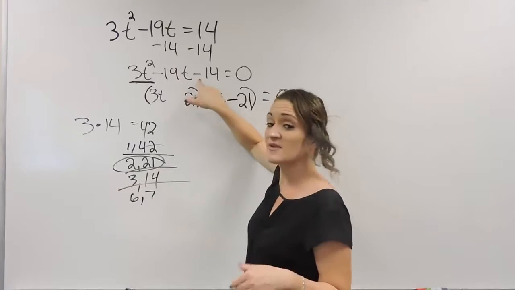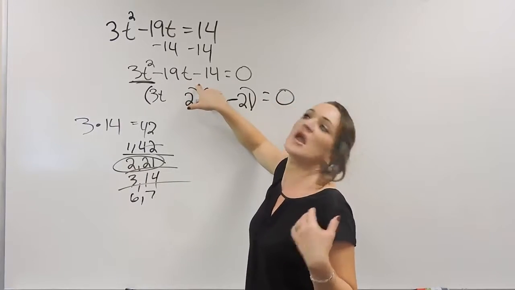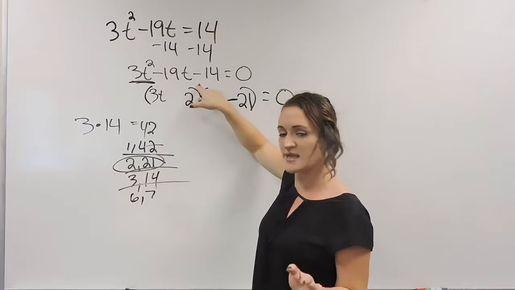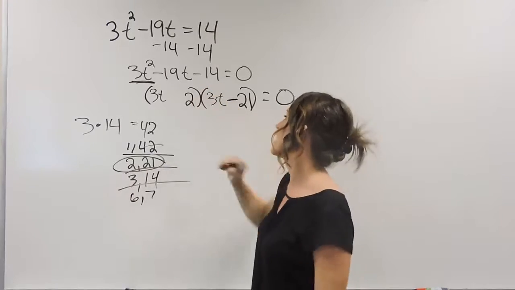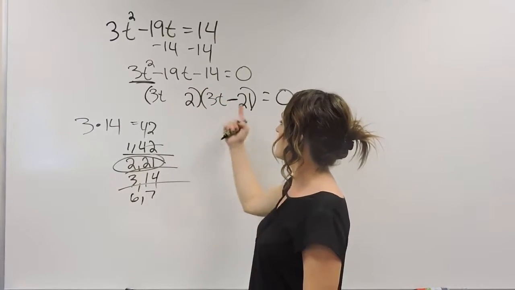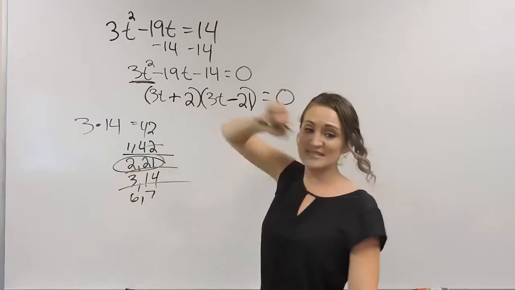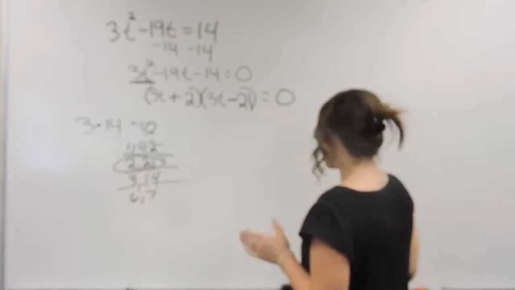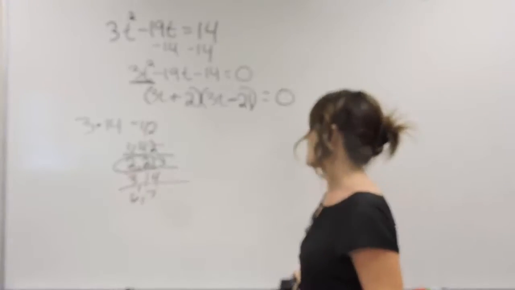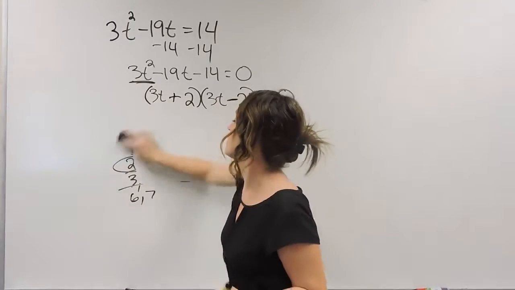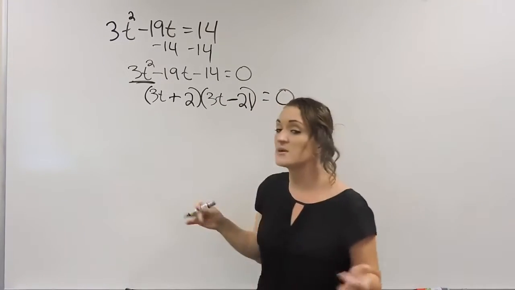And since we have a negative here, that tells me automatically they have to have different signs. So if this one's a minus, that means this one has to be a plus.